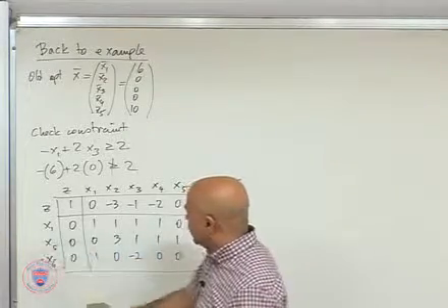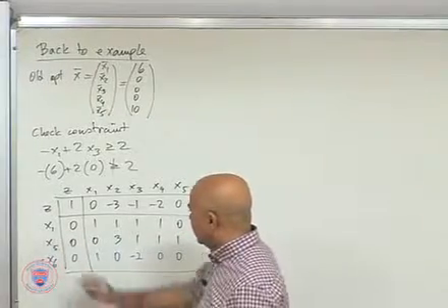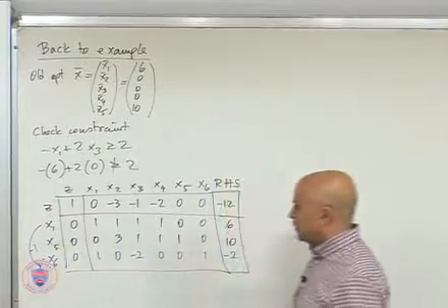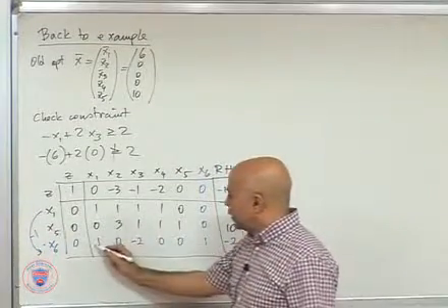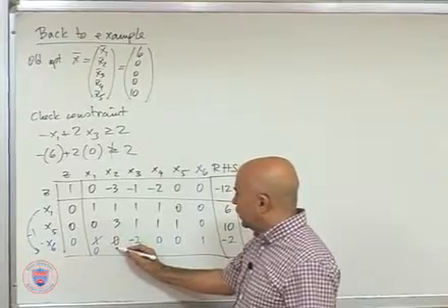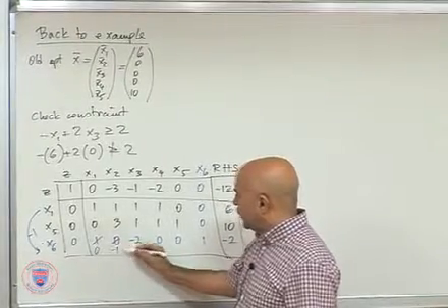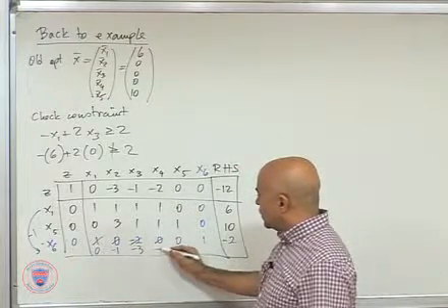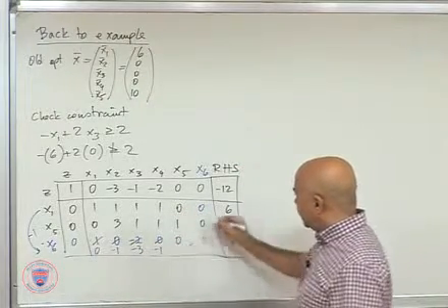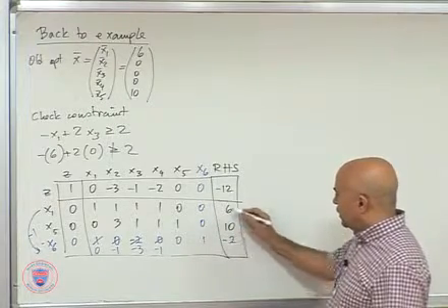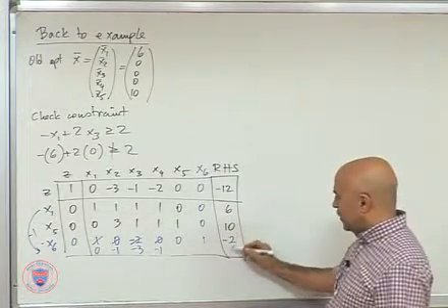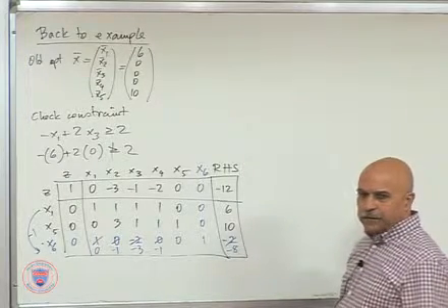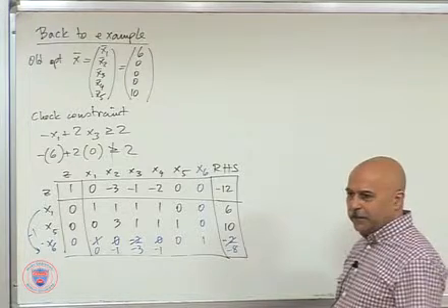And to do that, what do you do? You add minus 1 times that, which changes this one into 0, this one into minus 1. That is minus 3 now. This one is minus 1, 0, 0, 6, and minus 8 changes into minus 8. Lots of stuff to take care of.